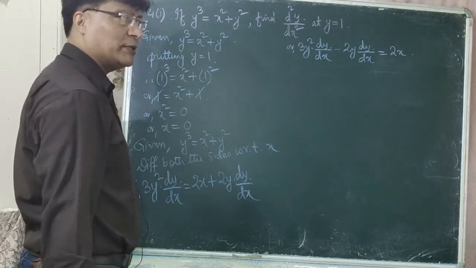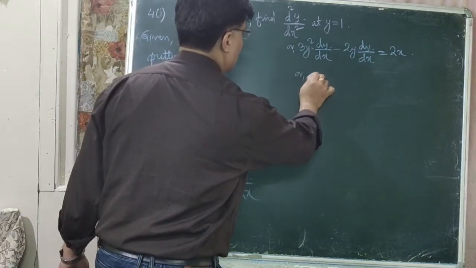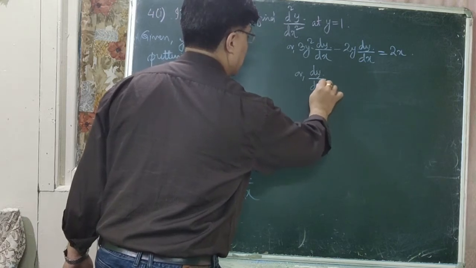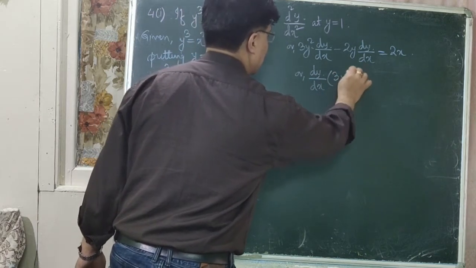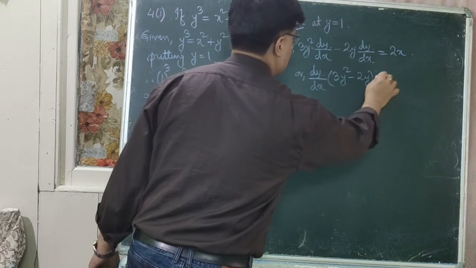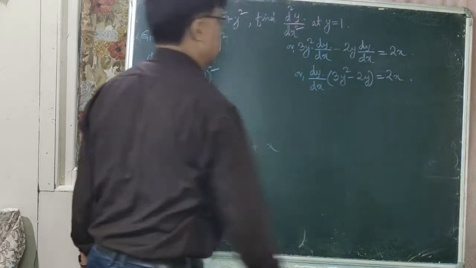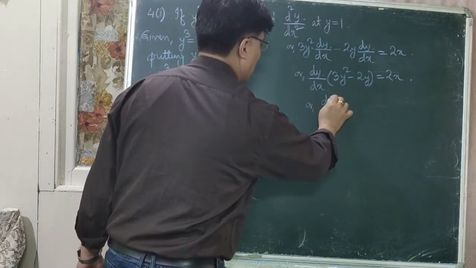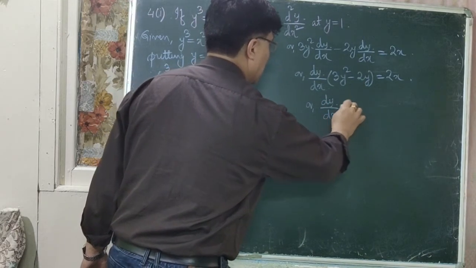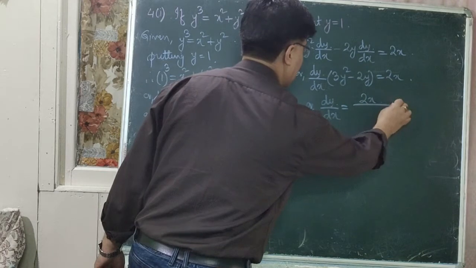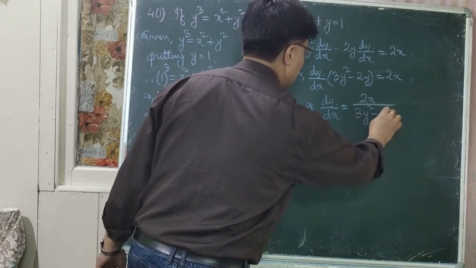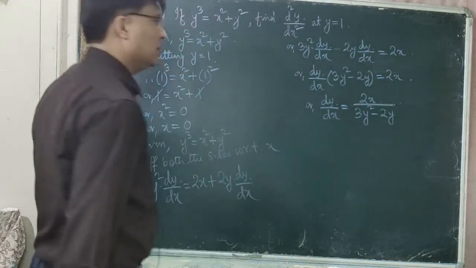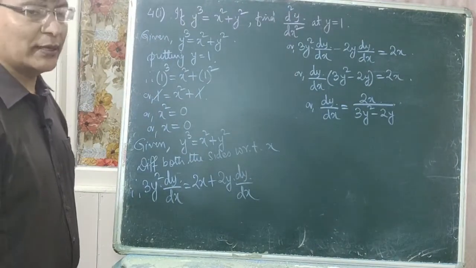You take only dy by dx as common. So dy by dx is taken as common within bracket 3y square minus 2y, which is equal to 2x. Is that clear? So what is the value for dy by dx now? Dy by dx is equal to 2x divided by 3y square minus 2y. So this is the value for dy by dx.